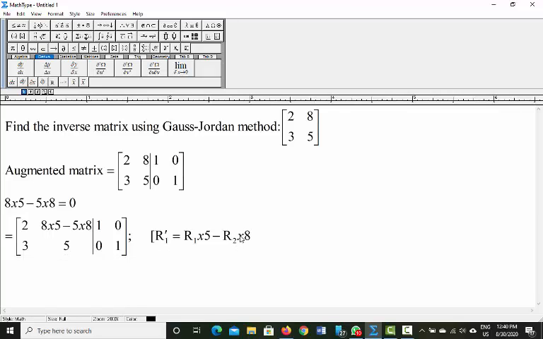So I'm repeating again: this is the new row 1. That's why we have written row prime 1.